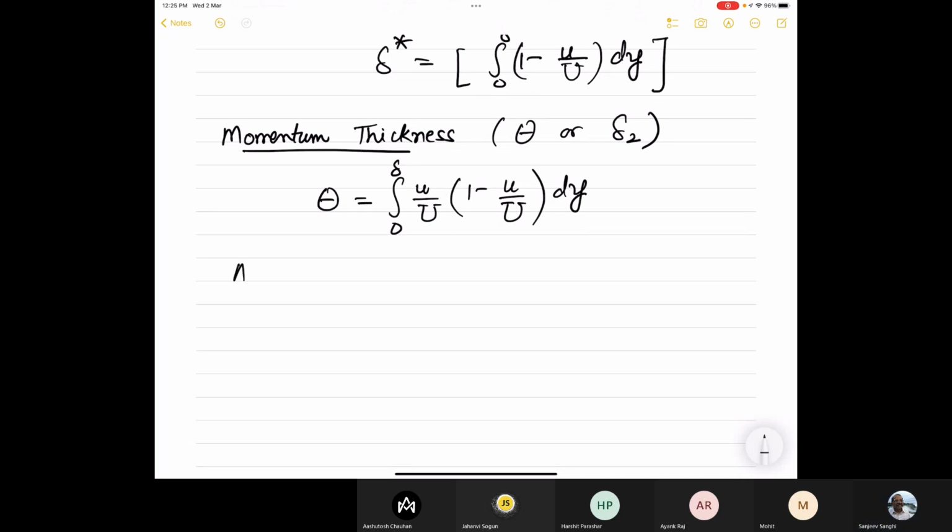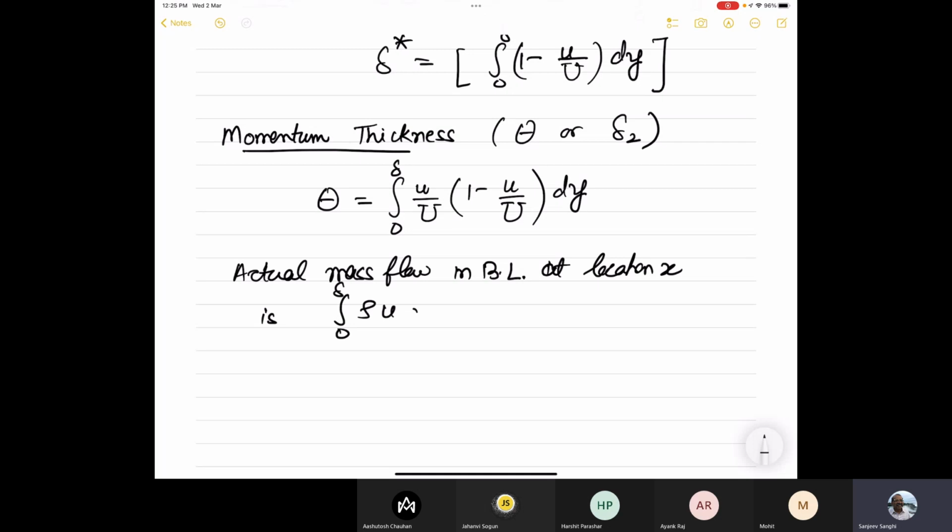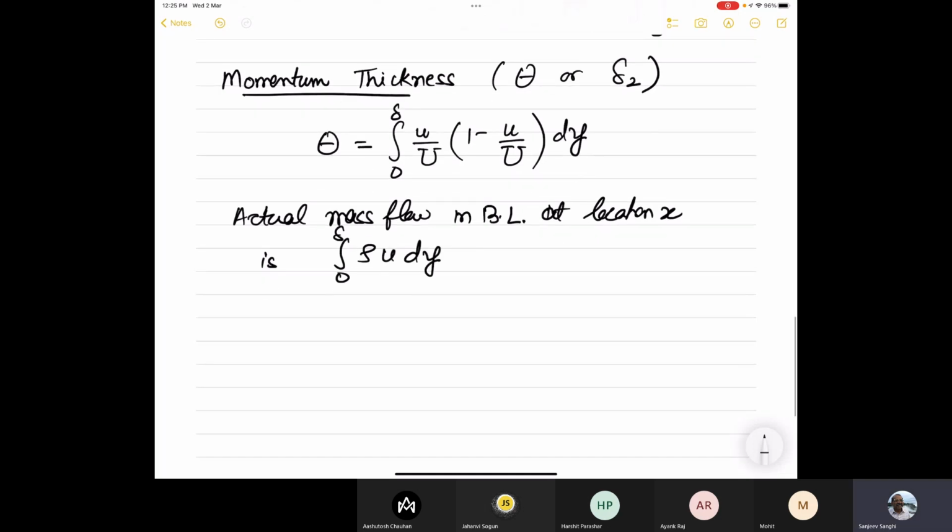Now here, let's see the actual mass flow in the boundary layer at location X, which is the integral from 0 to delta of rho u dy. We have already seen this.